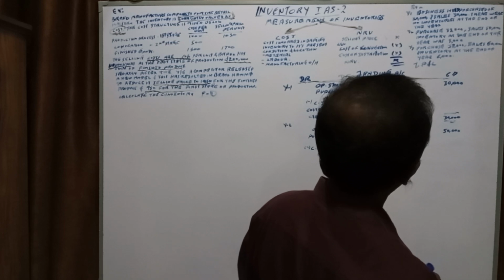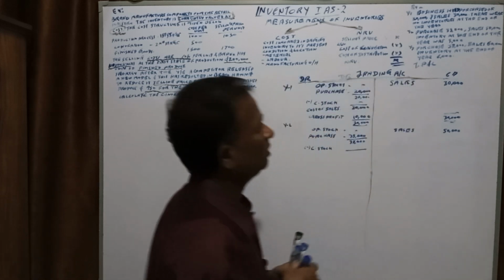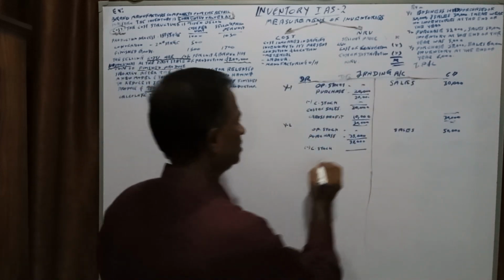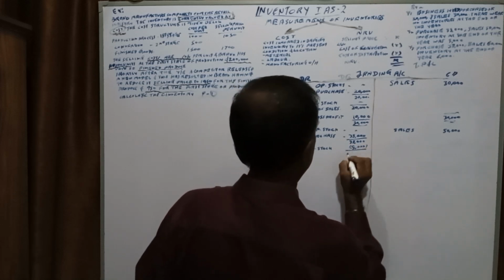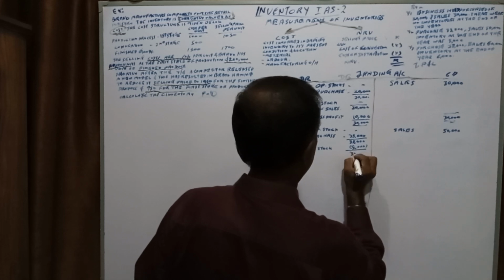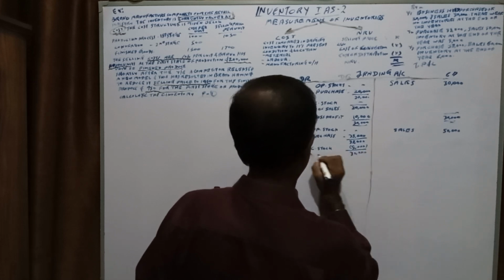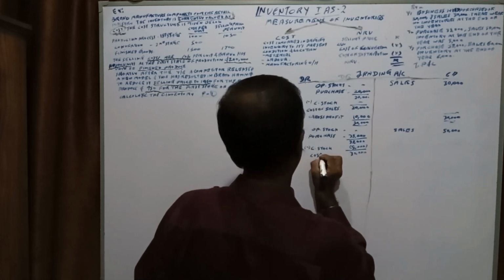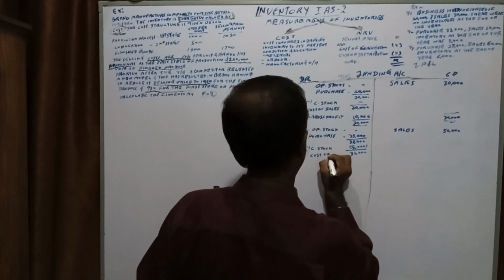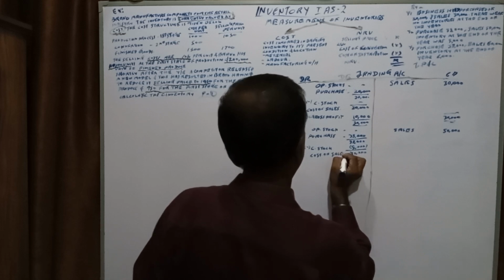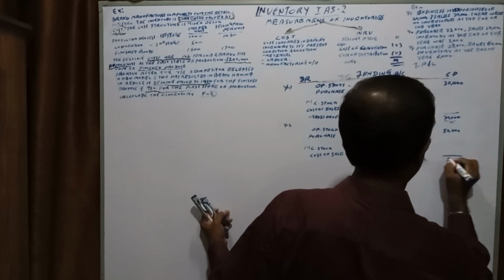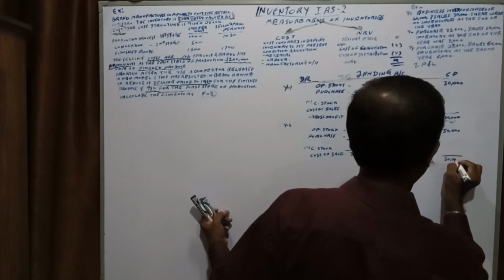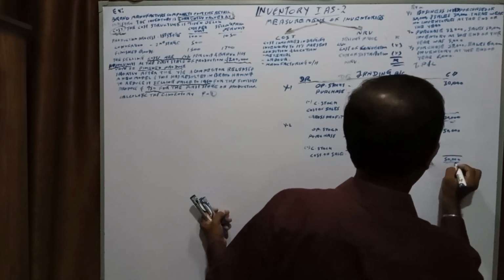They say inventory at the end of the year was 5,000, right? 5,000 is the closing stock. Then cost of sales is 30,000. So here you will bring down this 50,000 as it is the greater amount.